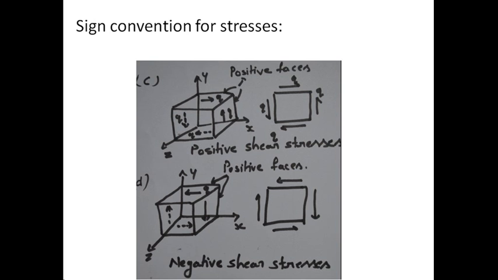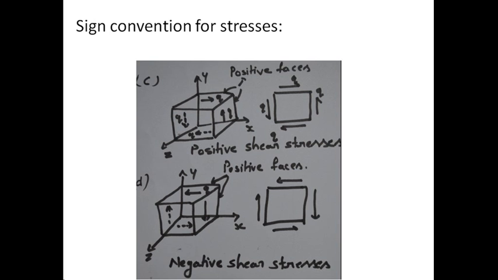Similarly, a shear stress acting on the negative face of an element is positive if it acts in the negative direction of the axis, and negative if it acts in the positive direction.